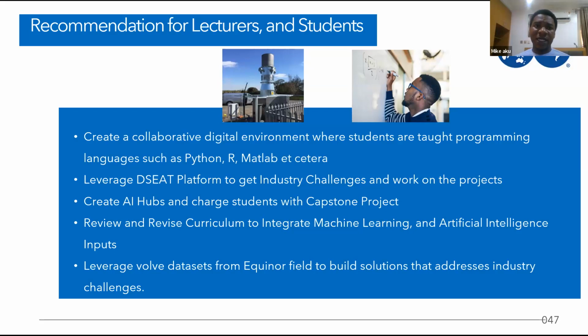They log in and drop their challenges, and the academia also log in, pick any of those challenges and solve them. Once there's a solution from the academia, there could be an interaction with the industry people who dropped that problem, showcasing what solutions the academia has been able to provide for the industry.